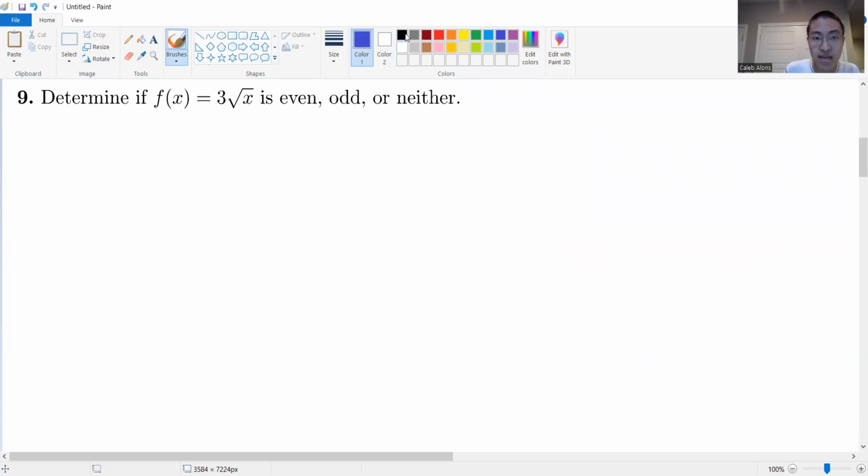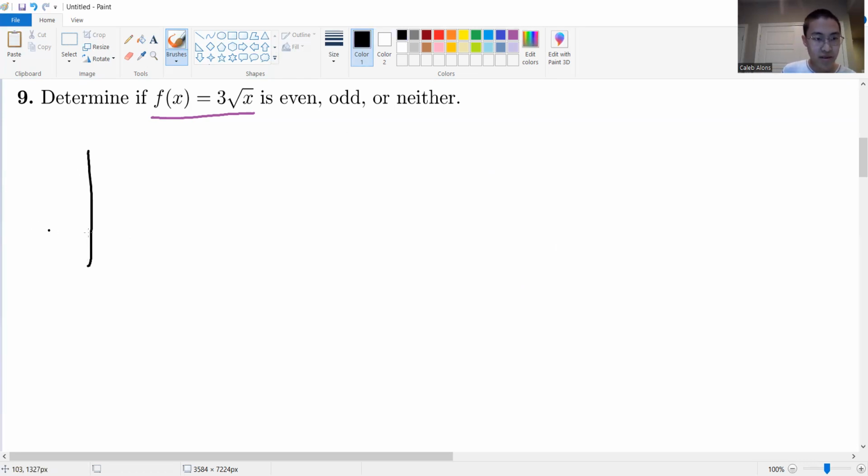All right, so this, I'll do purple this time. We have f of x equals 3 times the square root of x. We want to determine if this is even, odd, or neither. Now, we can first get a good graphical intuition for this. Before I start, pause the video and see if you can first sketch out the graph and determine what you think.